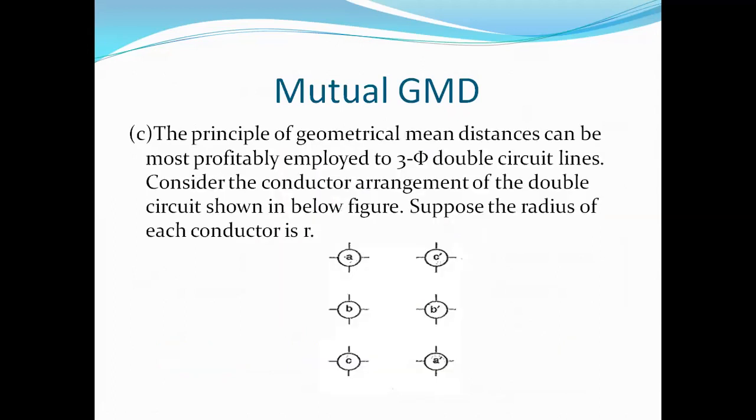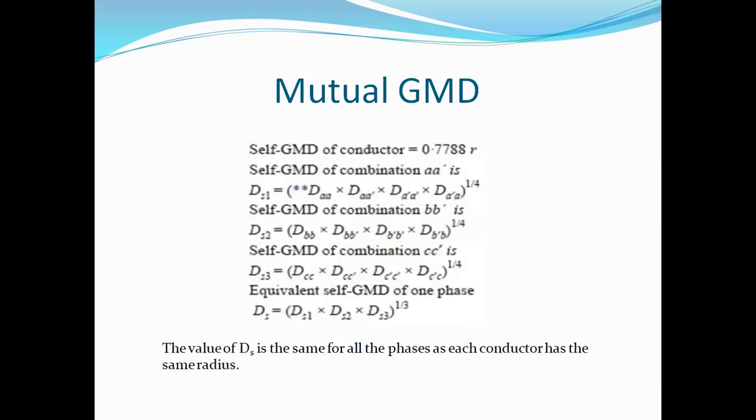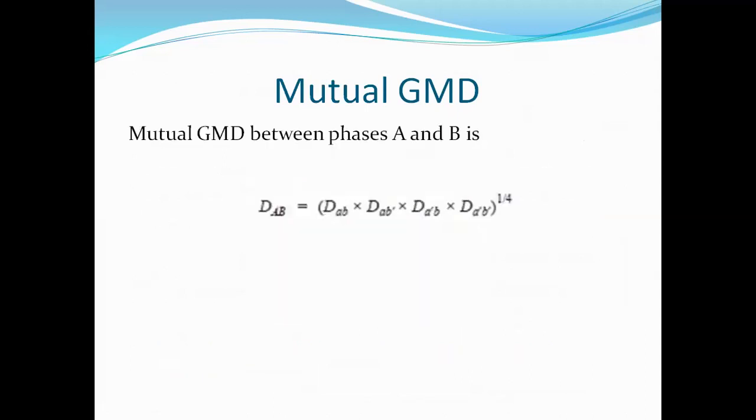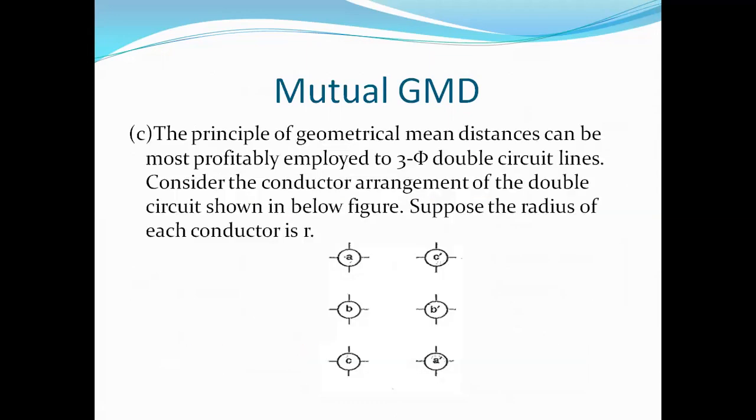of a double circuit line, and this is for mutual GMD. So the mutual GMD between phase A and B, suppose we consider two phases, A and B. Look, in this figure, self GMD between A and A dash, self GMD between B and B dash, and self GMD between C and C dash.